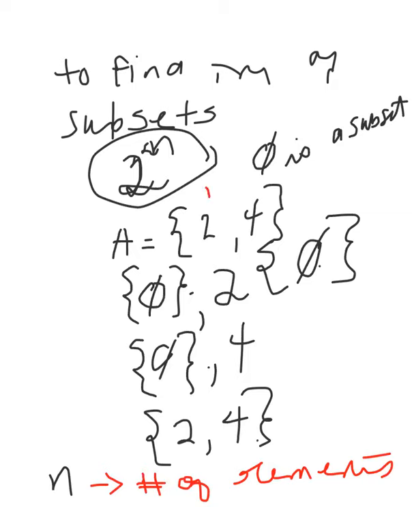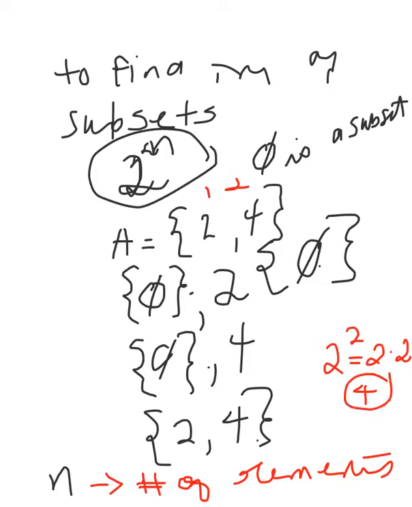To calculate how many subsets it has, we're going to do 2 to the second power. Where am I getting that power from? Because there's 2 elements inside the set. 2 to the second power is 2 multiplied by itself, so 2 times 2 gives me 4. So that's a total of 4 subsets, okay?